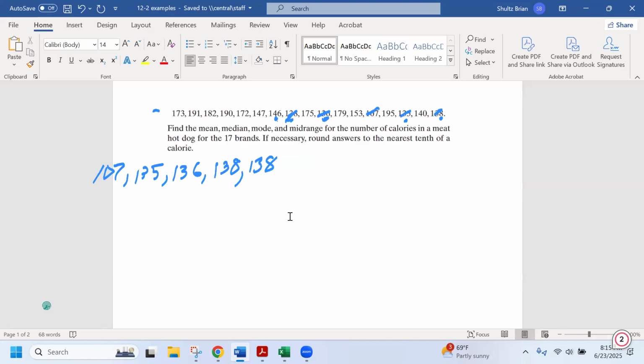There's no 139. 140, 147, no other 140s. Any other 140s? No. 150s, yes, 153. Any other 150s? No. Do I have 146 in here? I see that I missed it. 146 goes right here. I'll erase that and change it in a second.